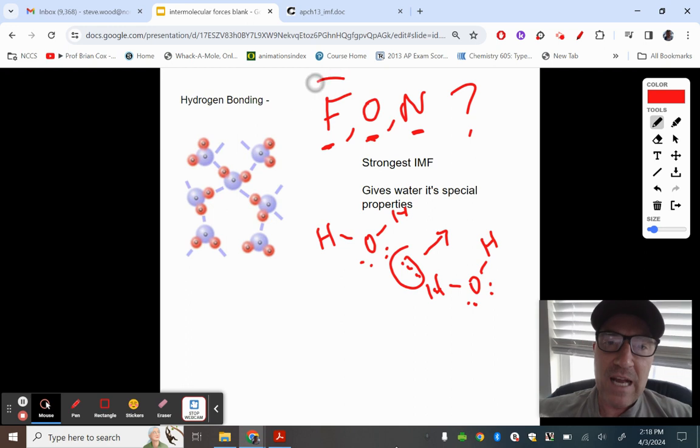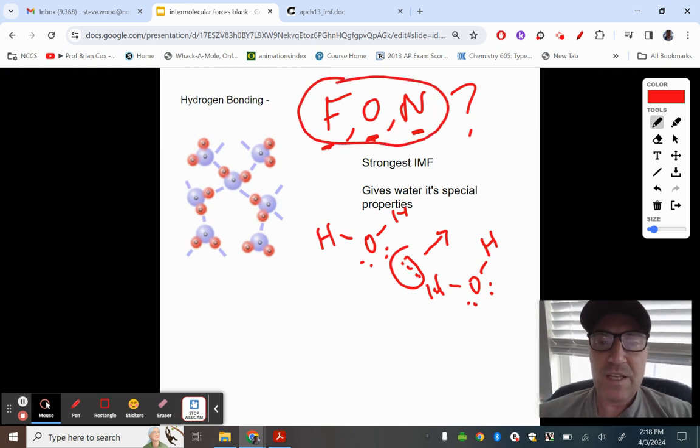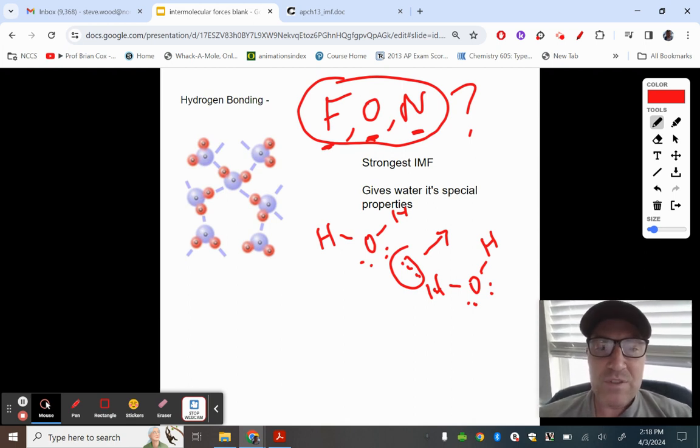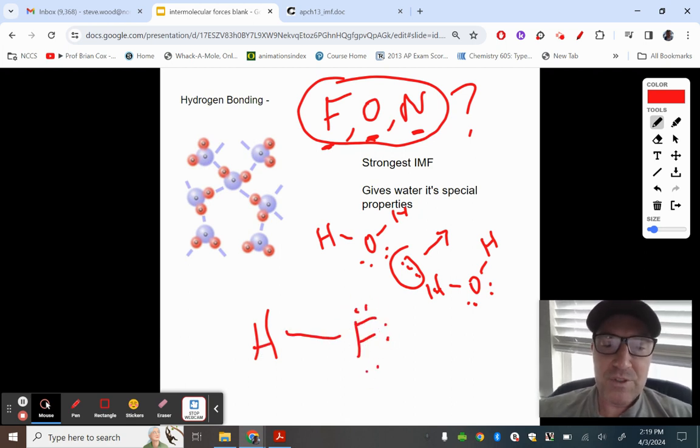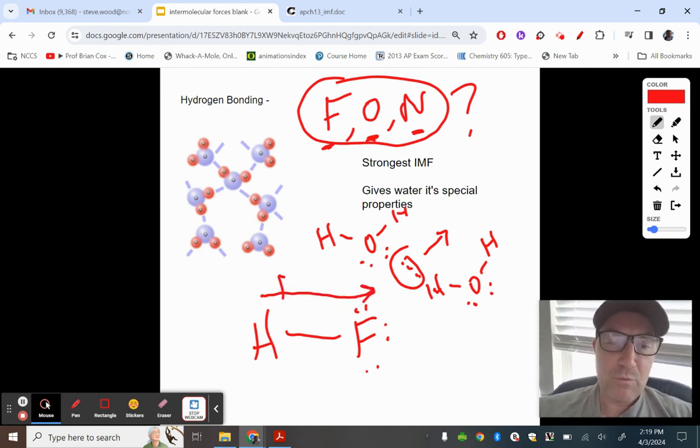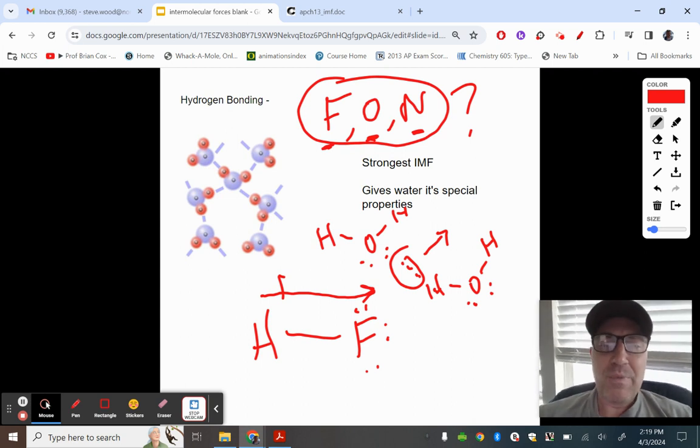These are the three most electronegative atoms on the table. So when they share electrons with F, F's just not nice, and these electrons go way over, and it becomes really, really polar. So hydrogen bonding is just extreme polarity, is all.